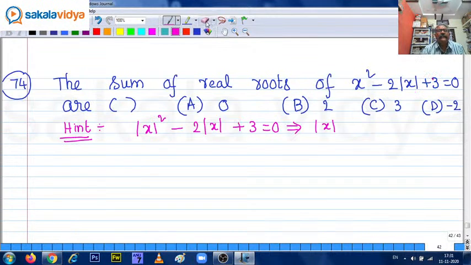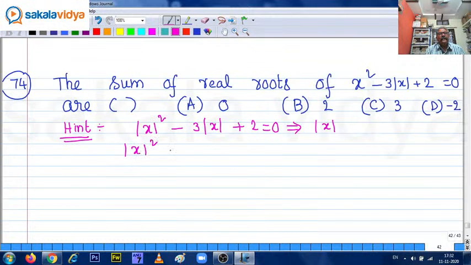Sorry, this is a question I have given wrong. It must be minus 3 mod x plus 2 equals to 0. So we need to split it.